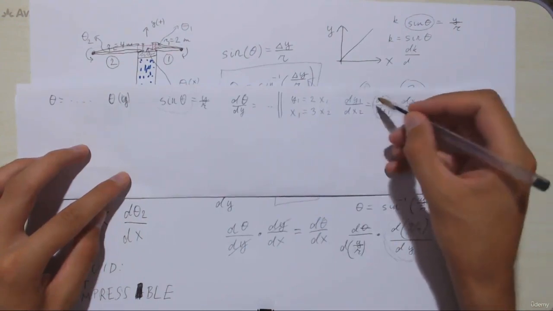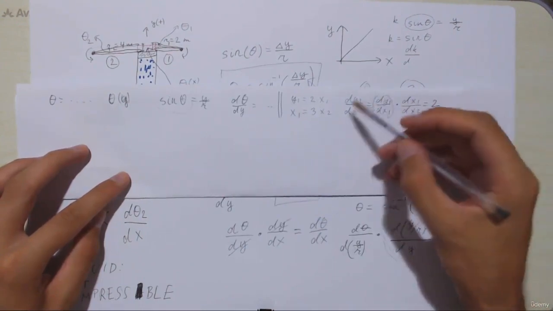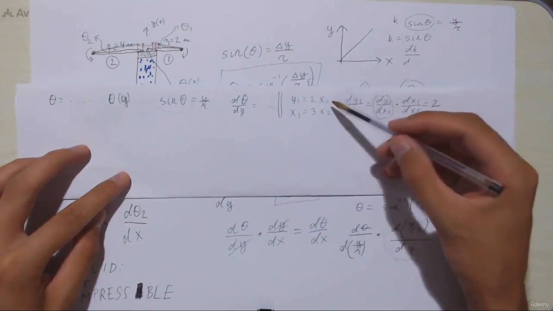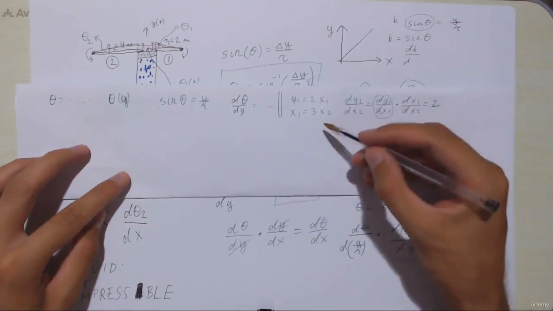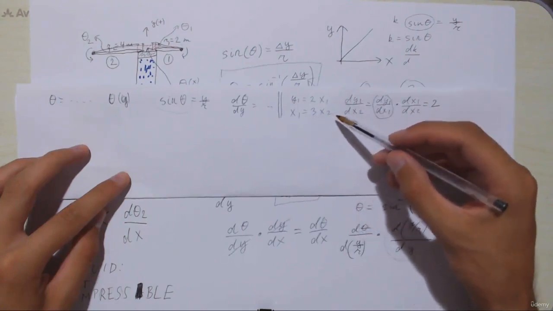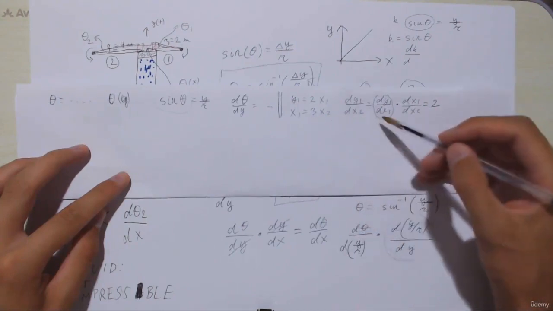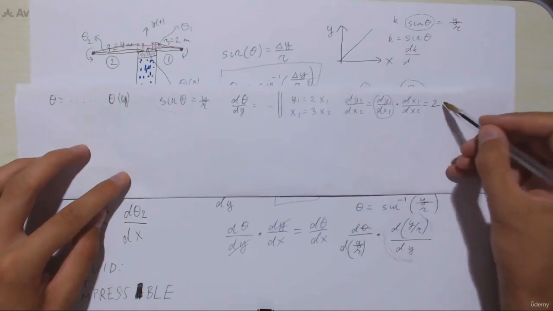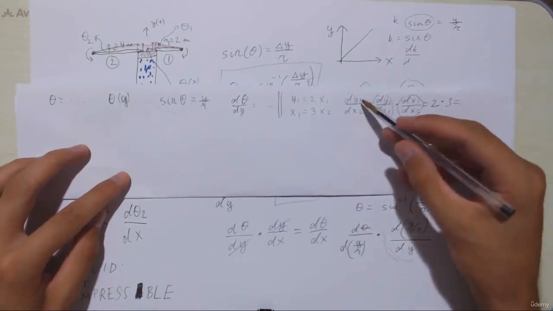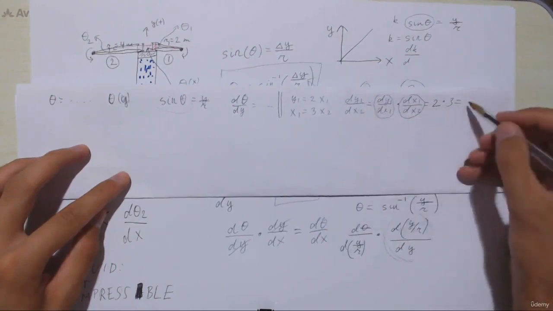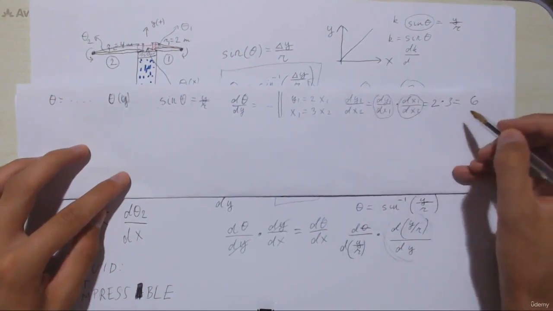This would be 2, because if you take this derivative, you would just get the constant. And here, dx1 over dx2 would be 3. So this would be 3, which means dy1 over dx2 equals 6.